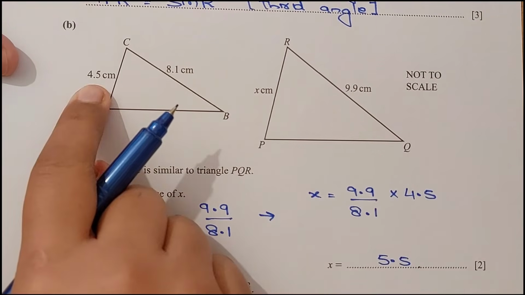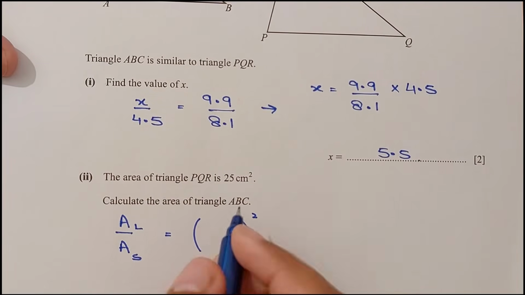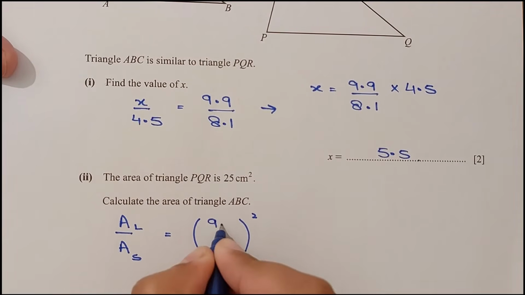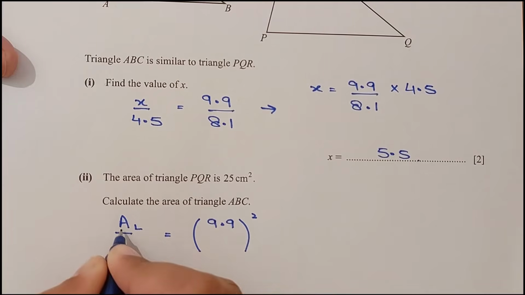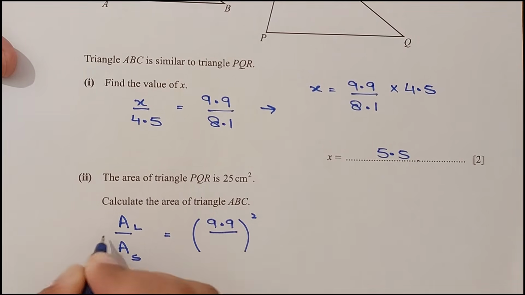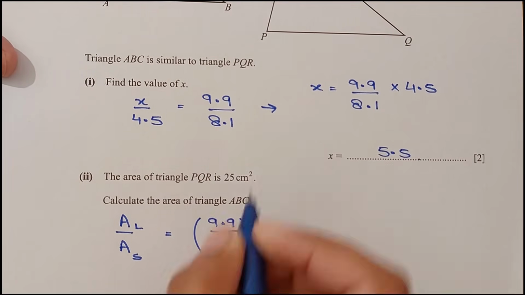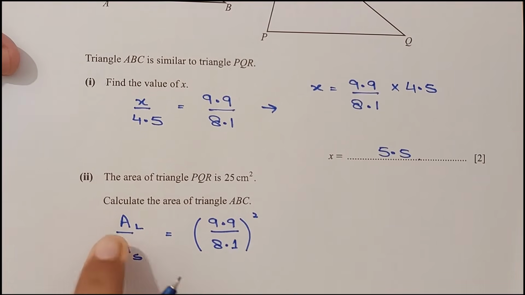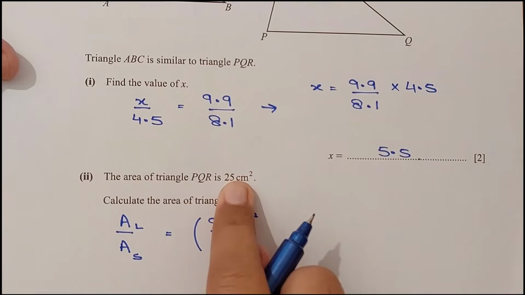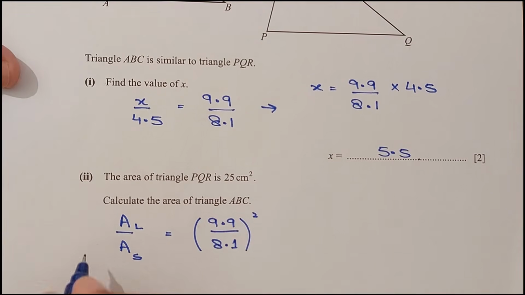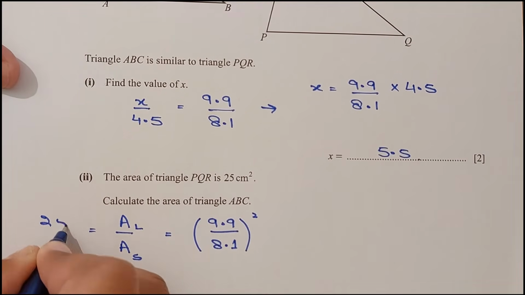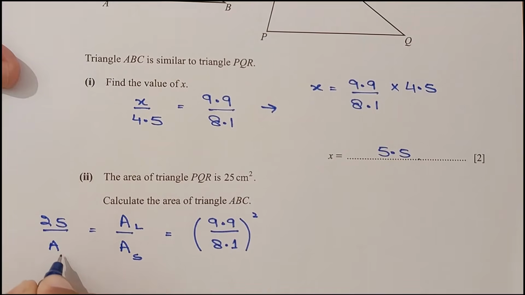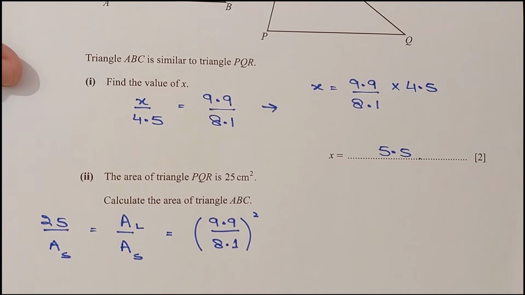For the numerator we have to use the larger one, 9.9, and its corresponding side is 8.1, squared. So the large triangle's area is 25, and the area of the small triangle ABC we have to find.